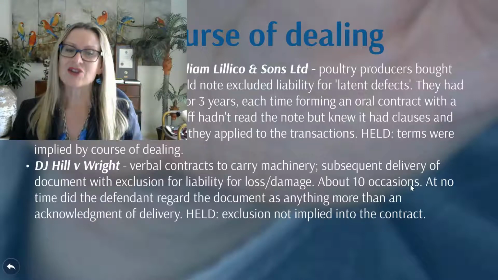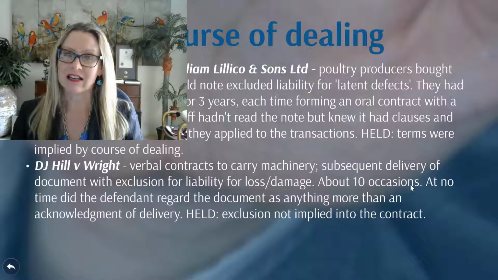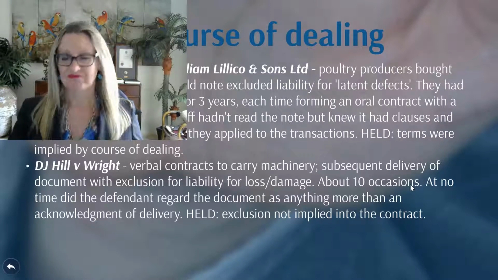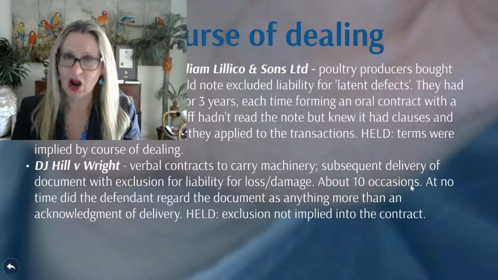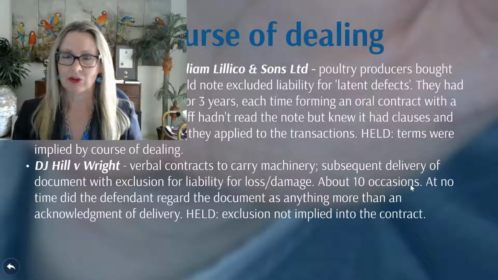In that case, at no time did the defendant regard the document as anything more than an acknowledgement of delivery. His machines had arrived, here's the paperwork, fine, no problem, and on they go.